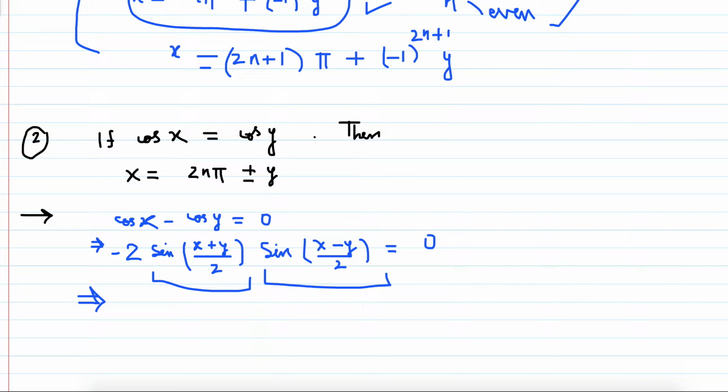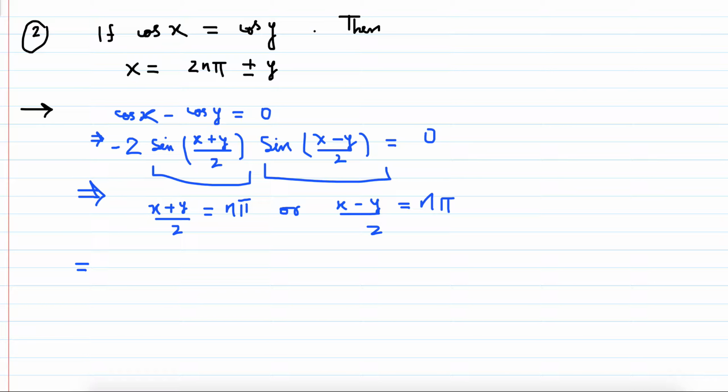So from the first part we will get, and from the second part, x is equal to 2n pi minus y, or x is equal to 2n pi plus y.